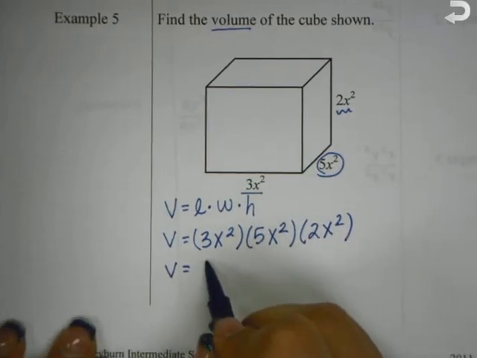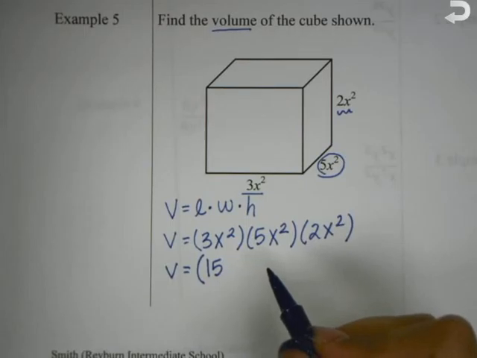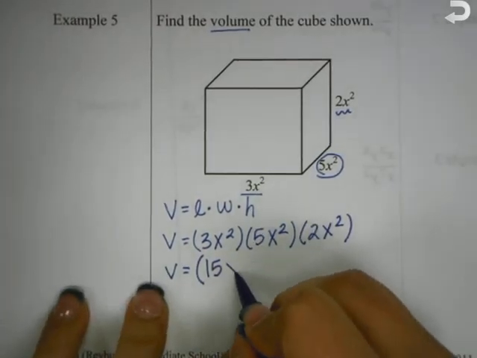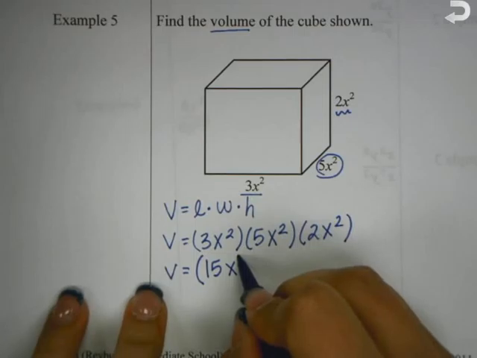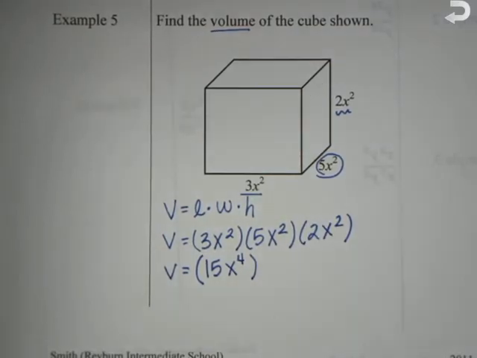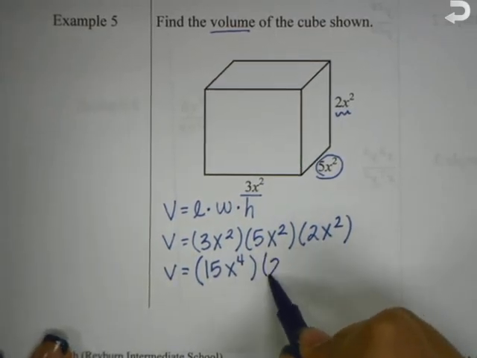And then variables, x squared times x squared. X to the 4th. How did you get x to the 4th? You add the exponents. So we multiplied the first two. We still have to multiply the third one. So we have 15x to the 4th times 2x squared.